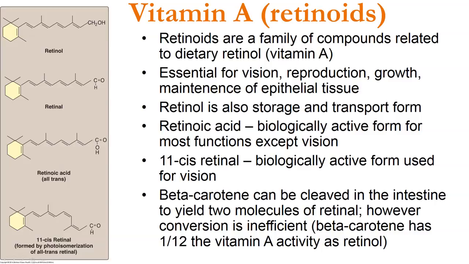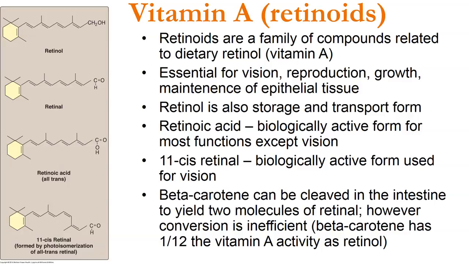It's essential for vision, which is going to be very different from all of its other roles, which include reproduction, growth, maintenance of epithelial tissue. It also regulates immune function and proliferation of those types of cells. So all of these other reactions are due to its effect on gene expression.